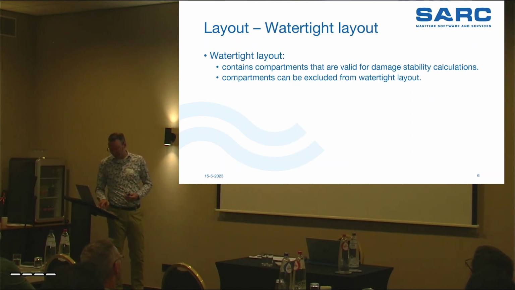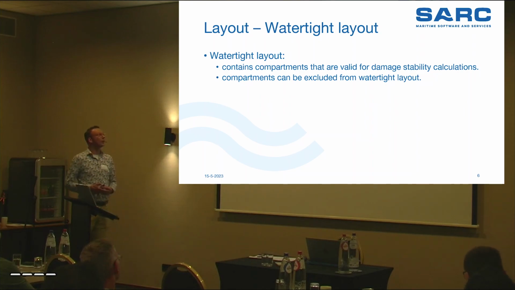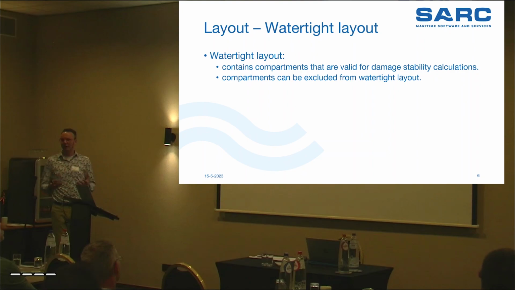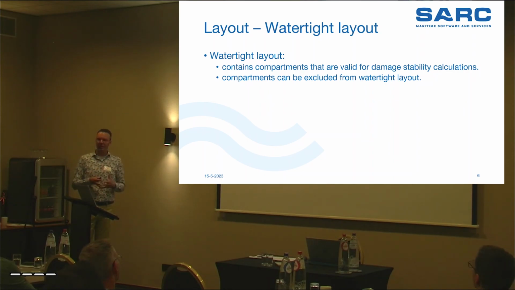And then the next tip in layout regarding watertight layout. The watertight layout contains all compartments that can be flooded or are valid for damage stability calculations. That might sound a bit silly, but there can be compartments that are not included in the watertight layout.